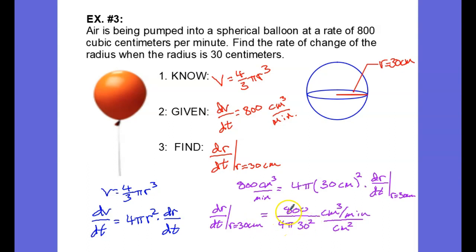And so 800 over 3600 is going to simplify to 2 over 9. And so this is going to be equal to 2 over 9 pi. And the units here, centimeters squared, is going to cancel with centimeters cubed, leaving centimeters per minute. And that's going to be our rate of change when the radius is 30 centimeters.